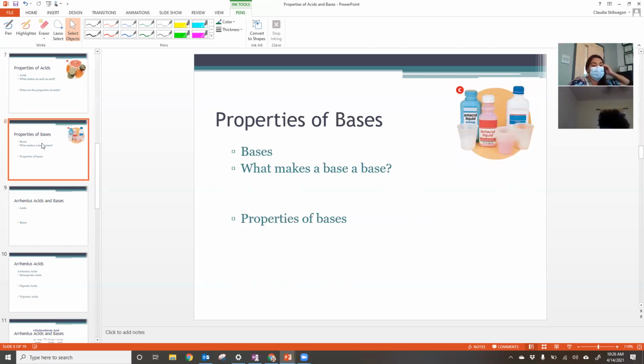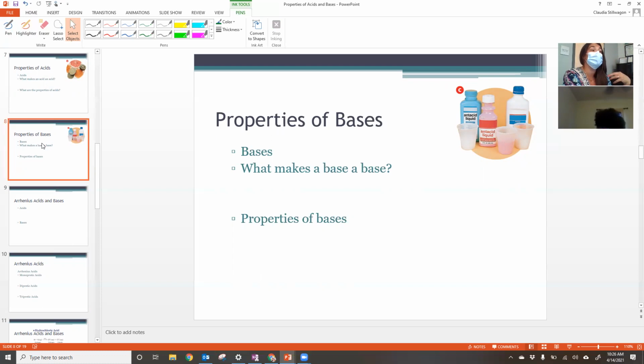All right, so let's talk about bases. So bases, we're going to have two defining moments for them in terms of what makes a base, and that's what today's class is looking at: these two differences in base and acid definitions. So what makes a base is that it's going to contain hydroxide.